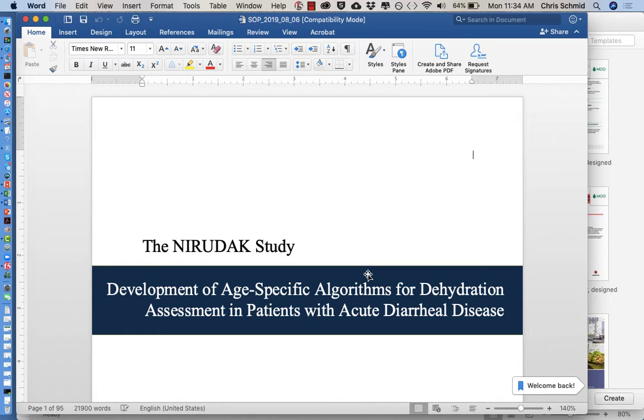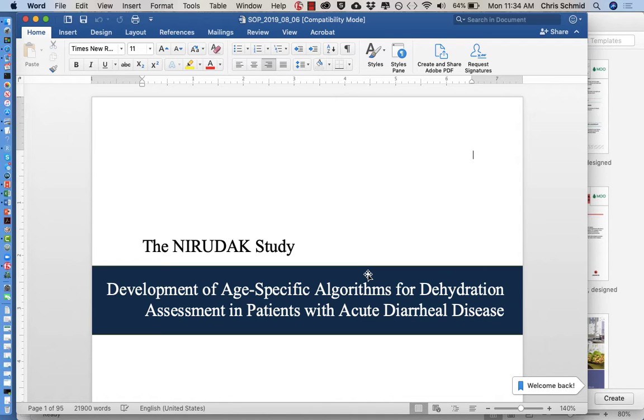So how are they going to do that? Well, a lot of times it's just going to be by looking at the individual. For example, what do their eyes look like? Are their eyes sunken? Is their skin dry? Can they cry? Can they drink fluids? Right. So the worse off you are, the less of this sort of thing you can do.